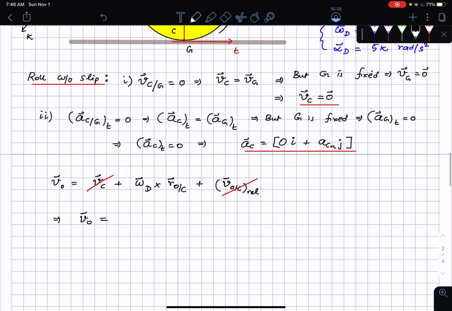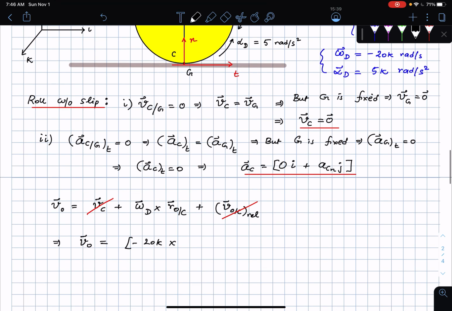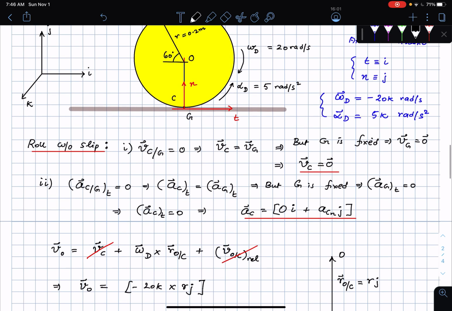Okay, so if that is the case, this is going to be minus 20K crossed with the position vector from point C to point O, which is the radius. I'll just draw it out here. This is point O, this is point C, this is the position vector from C to O. This is nothing but the radius r in the j direction, and this is the distance r, as you can see.